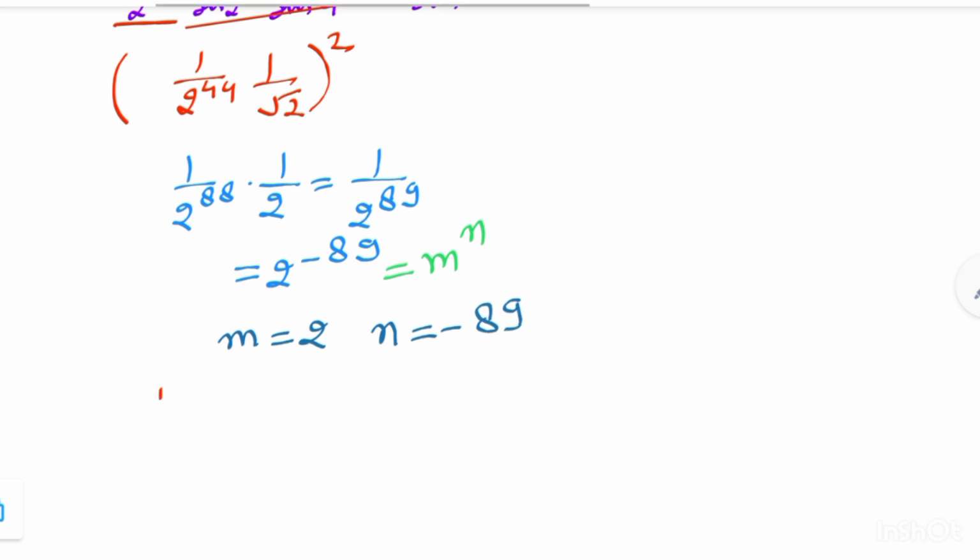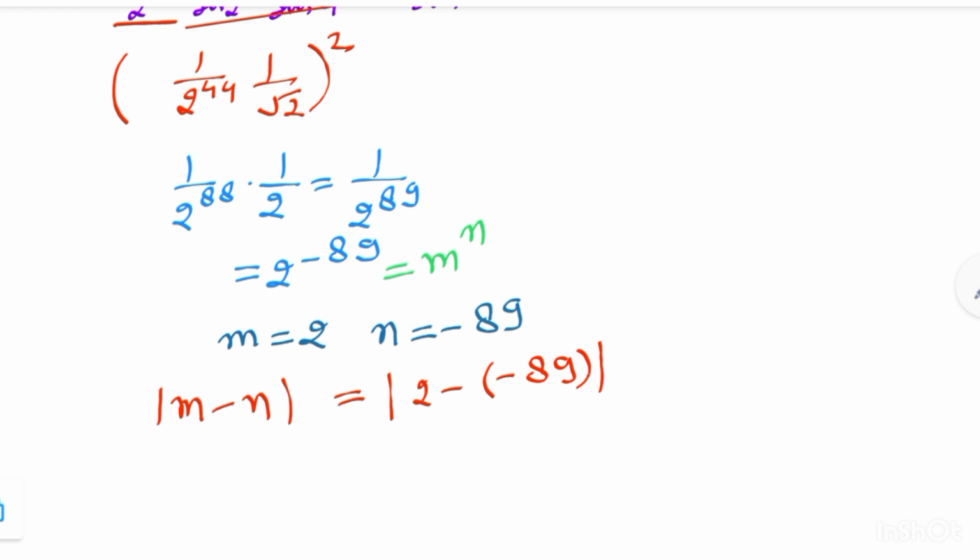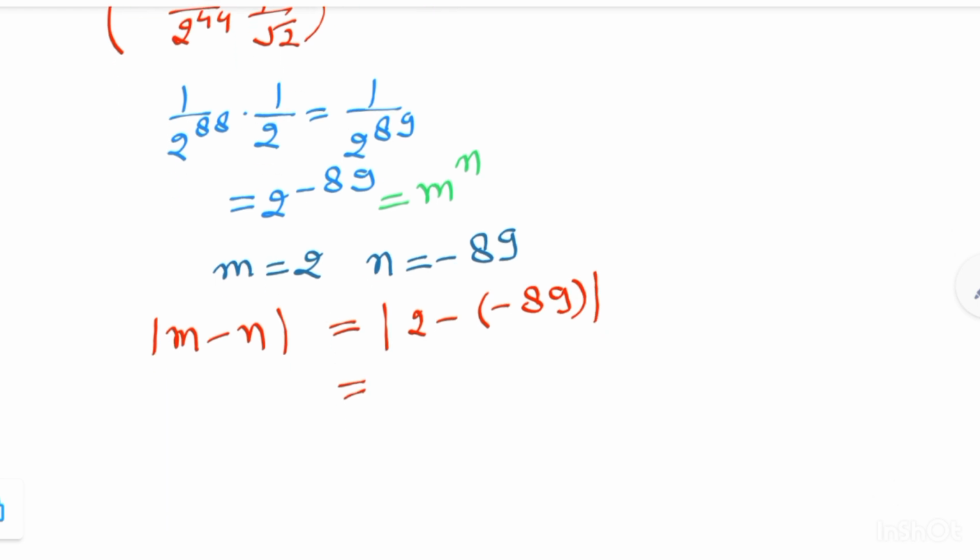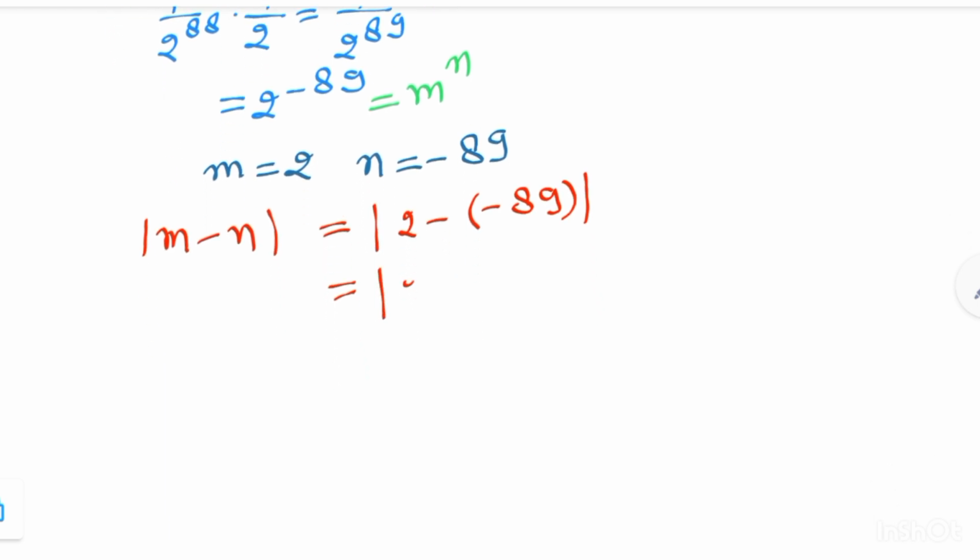So mod of m minus n, which is asked in the question, will be equal to mod of 2 minus negative 89, and this is equal to 2 plus 89, since negative negative is positive. So mod of m minus n is equal to 91. So this is the answer for the question.